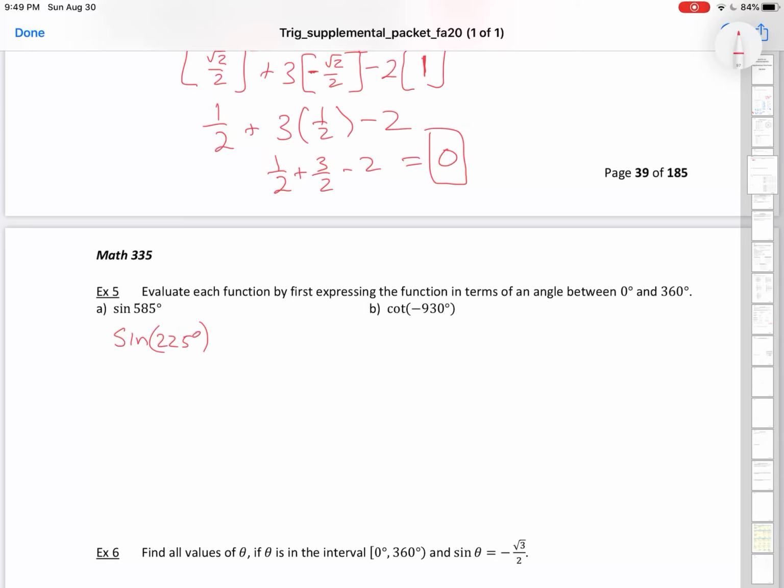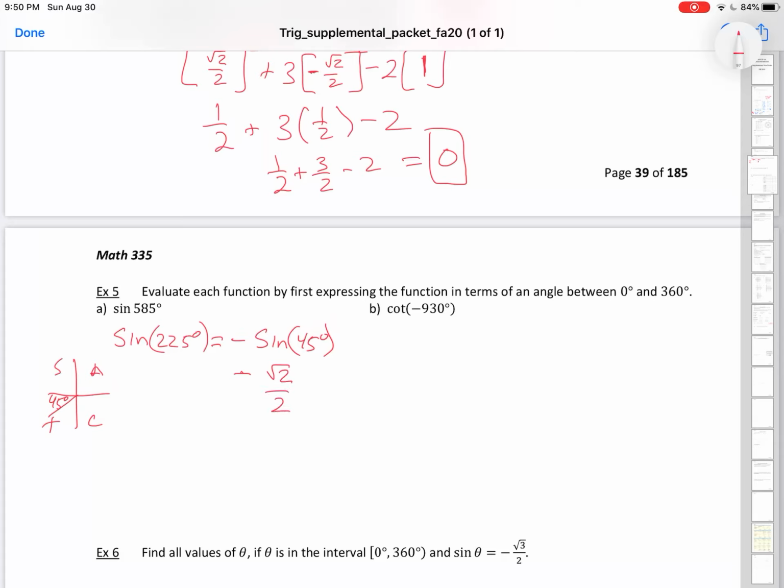If you subtract away 360, that's what you're going to get. 225 degrees is a 45 degree reference angle, like we've seen before in the third quadrant. So the answer to this, since all students take calculus, is going to be negative the sine of 45 degrees. That's how we can use our reference angle. So this is negative root 2 over 2.